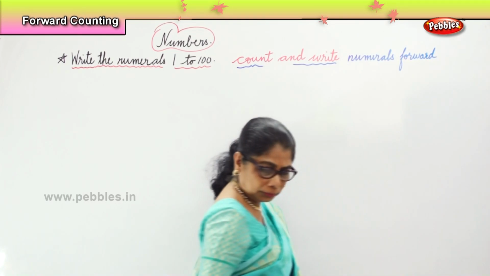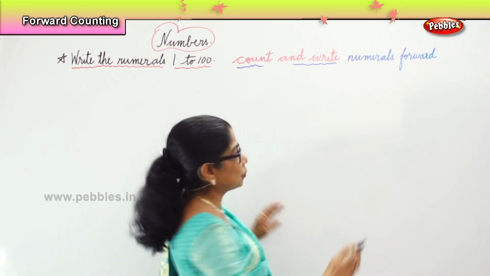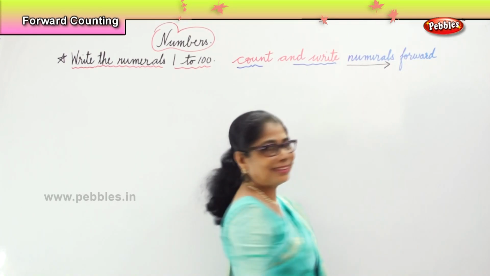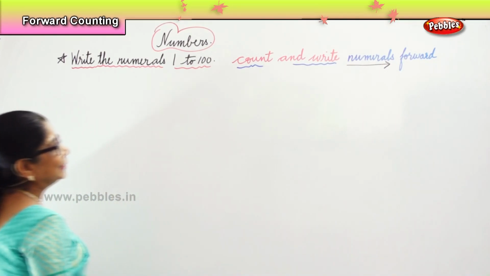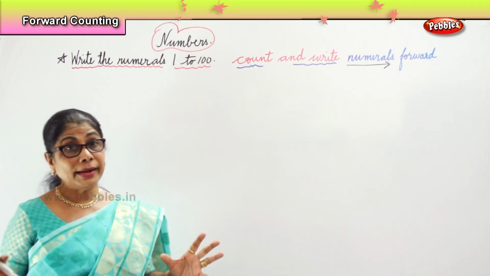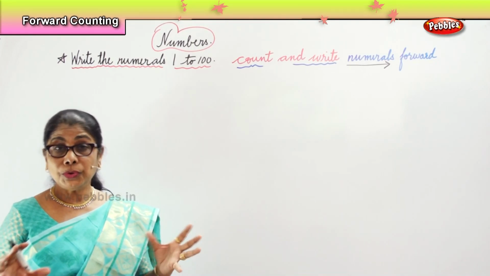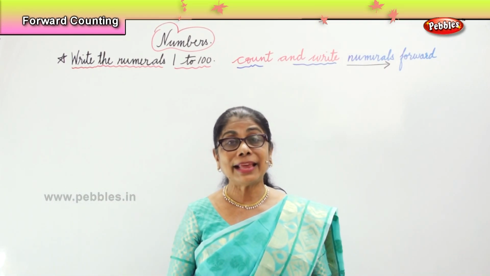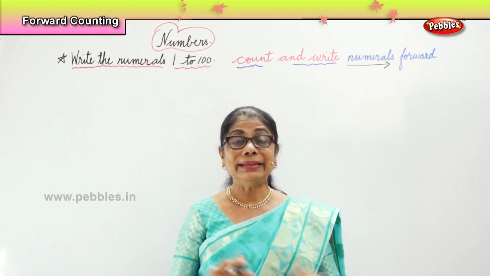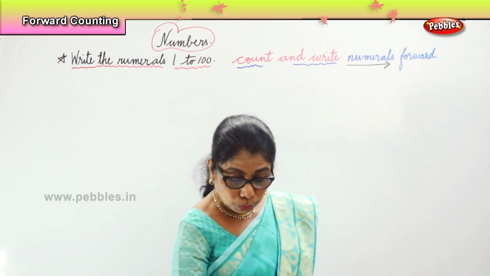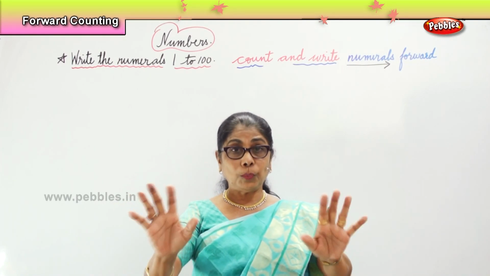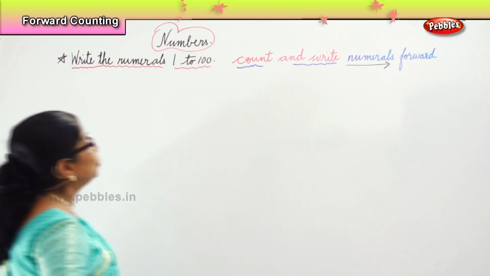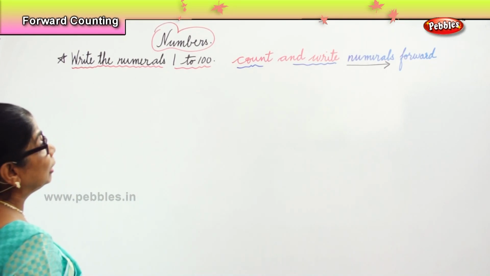Forward means what? Straight. We're going to do forward counting. Let's begin. Okay? Now, we know already 1, 2, 3, 4, 5, 6, 7, 8, 9, 10. We have used our fingers. We have 10 fingers, so you know to write. Very good. So now we're going to count and write numerals forward.